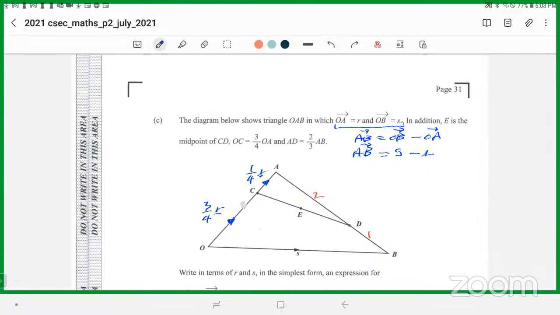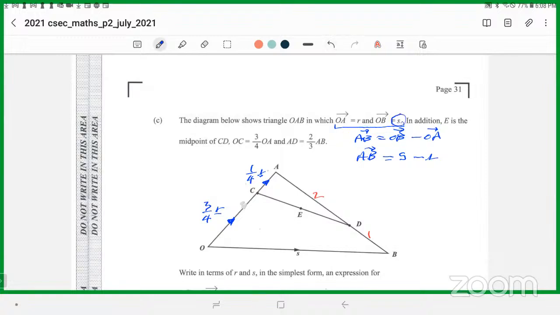They didn't ask you to find it, but you can find it because they give you the information. If you want to find it, you use the same displacement vector formula: O times the last minus O times the first. The vector AB is OB minus OA.